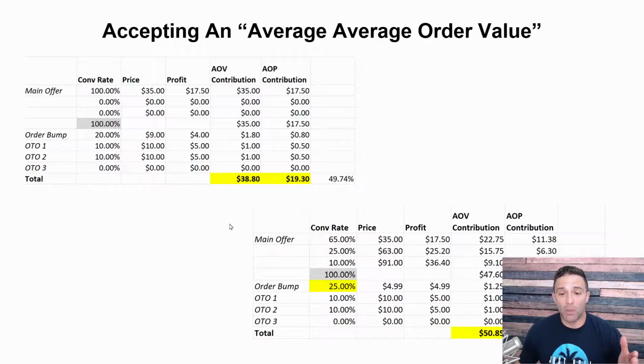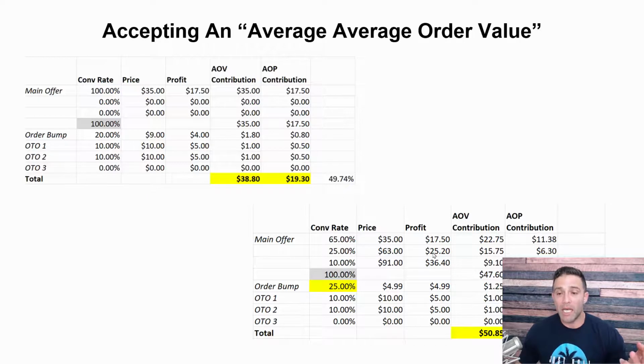So now let's apply some of the things I talked about. Let's add multiple quantities and an order bump that gets a little bit more take, and look what happens. Now the 1 is $35, the 2 quantity is 63, the 3 quantity is 91, right? And 65% of people will take the 1, 25% will take the 2, and 10% will take the 3.